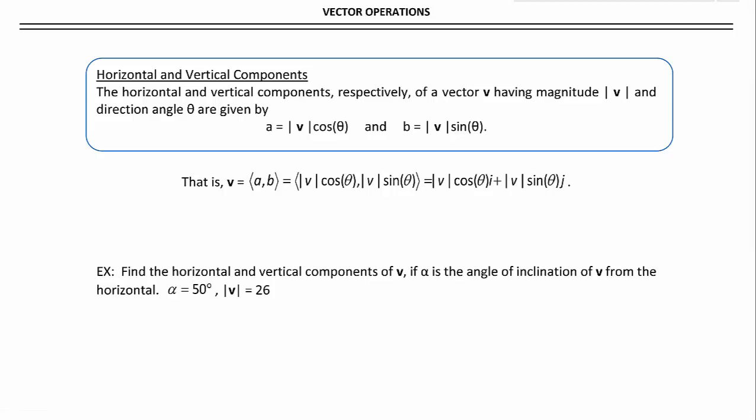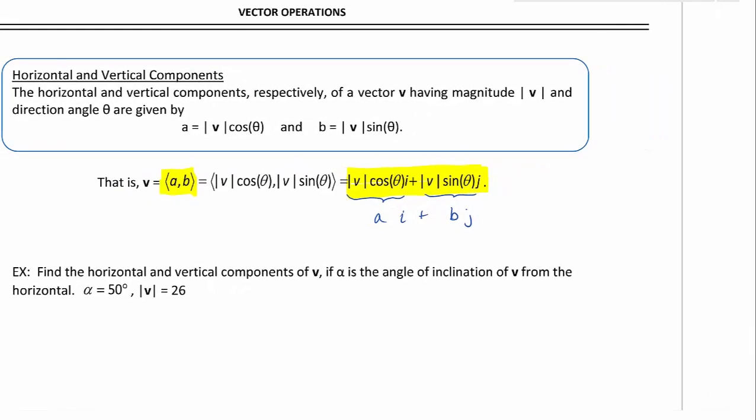So that means that a vector ab can be rewritten as the magnitude of v times cosine theta i plus the magnitude of v times sine theta j. So we're just replacing from our regular ai plus bj. There's our b and j.